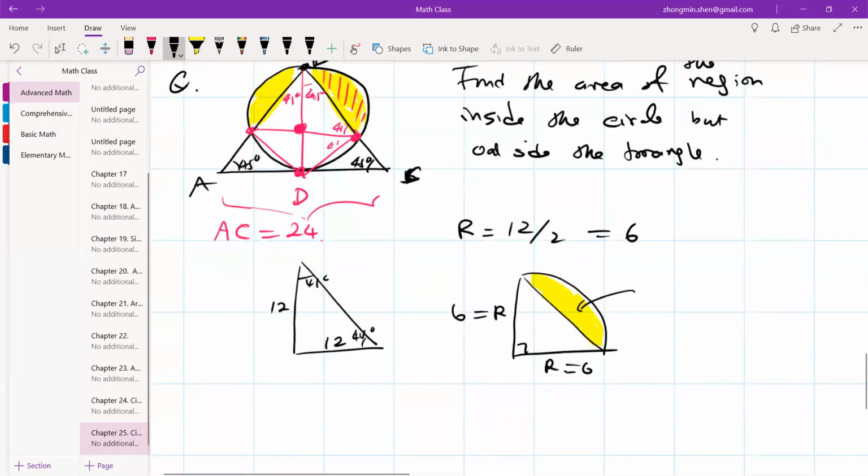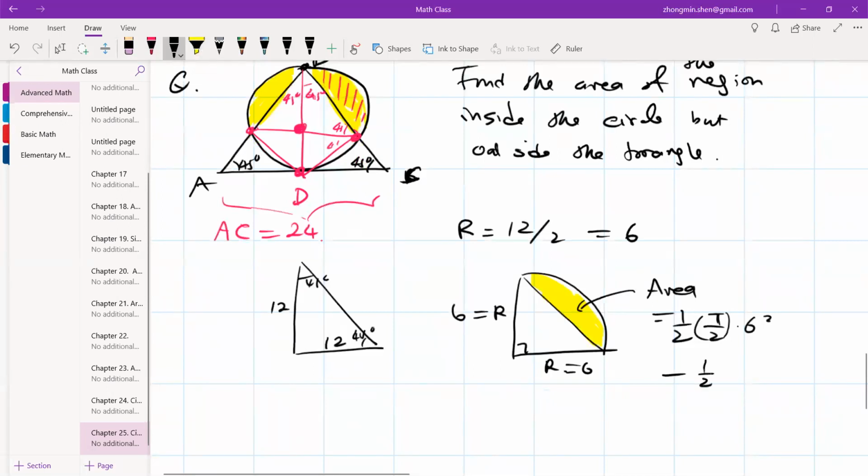Okay, so let's see. This is the area of this region, right? You take the difference, the area of the sector minus the triangle. How do you find the area of the sector? Half of theta times r squared. Theta is pi over 2, 90 degrees, right? R squared, 6 squared. You have to subtract the area of the triangle.